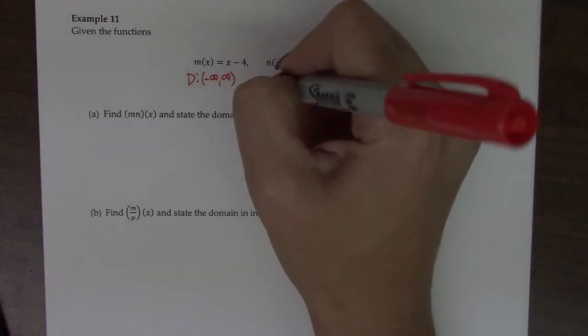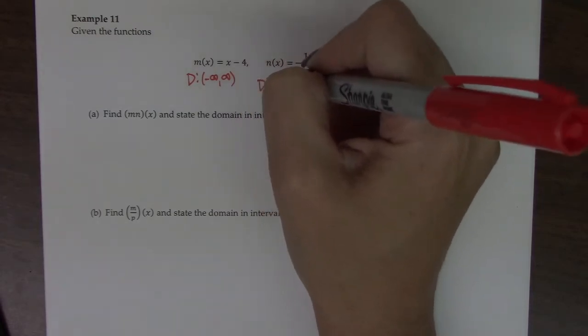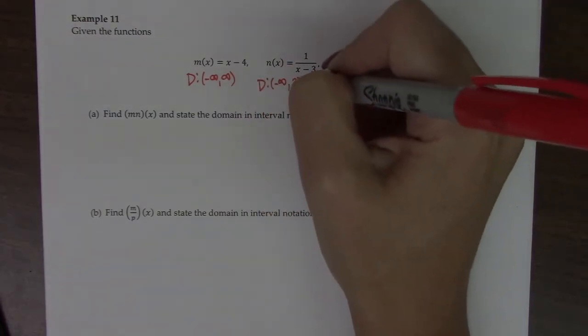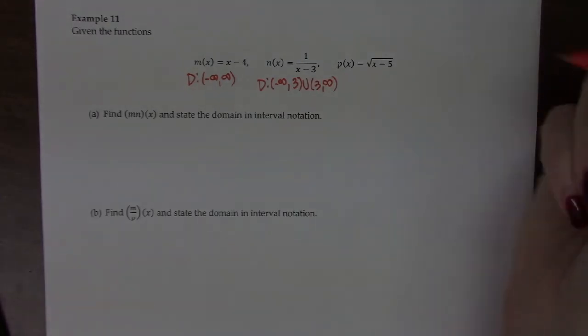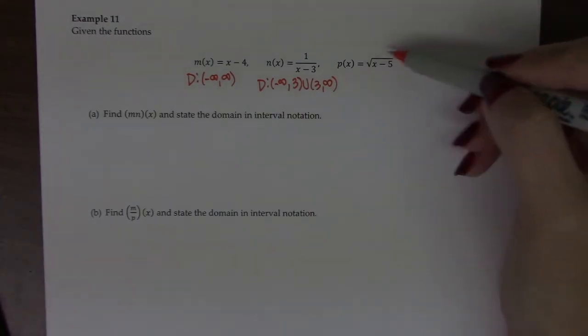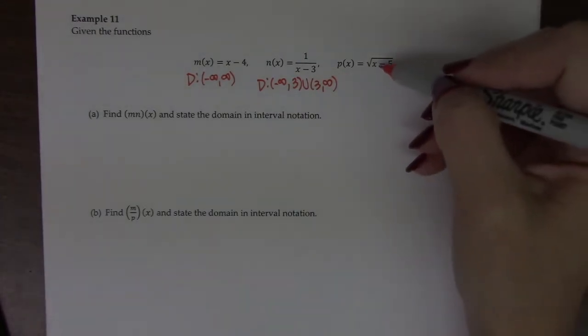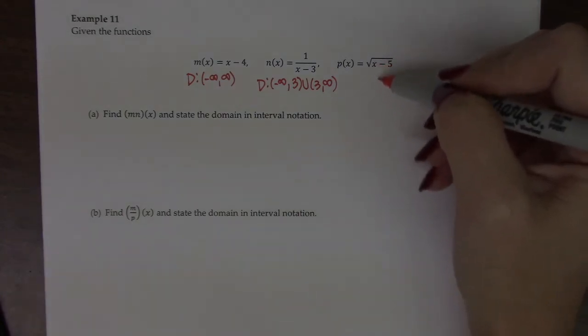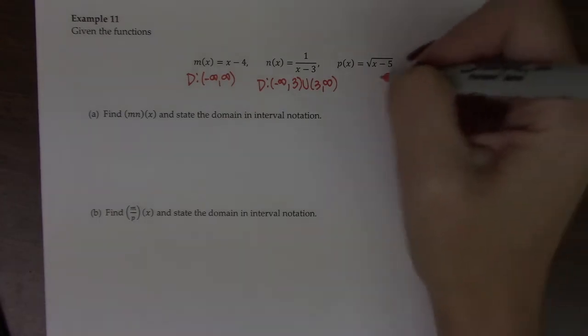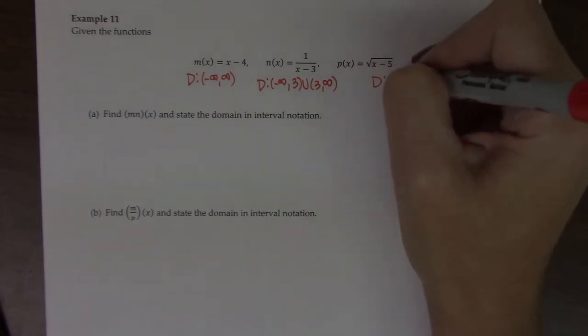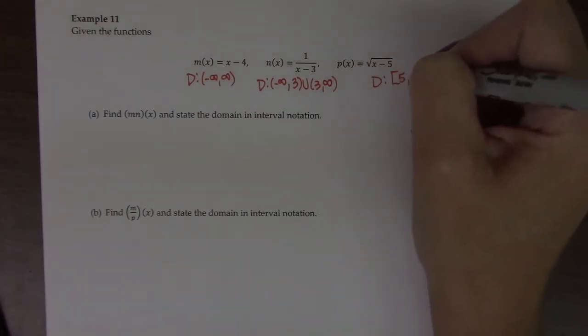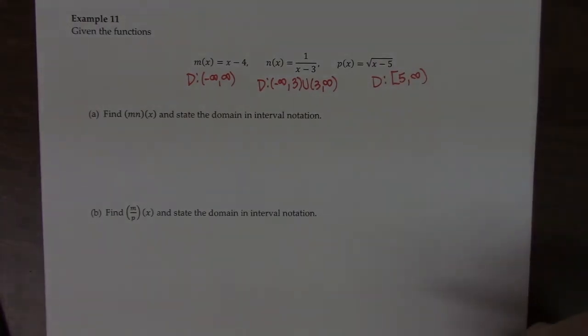So this function's domain is all numbers except 3. The last function has a radical, and if I plug in 5, I get 0, but if I plug in any numbers less than 5, I get negatives under the radical. So 5 is okay, but everything has to be bigger than 5.